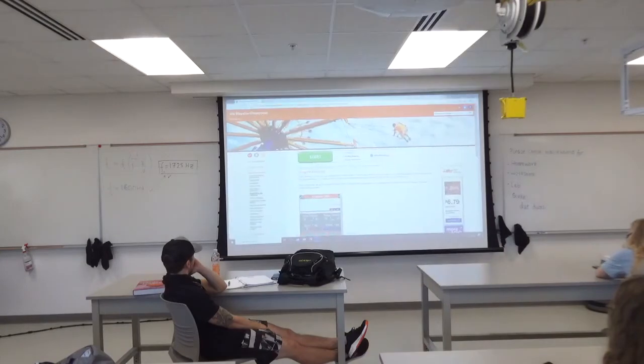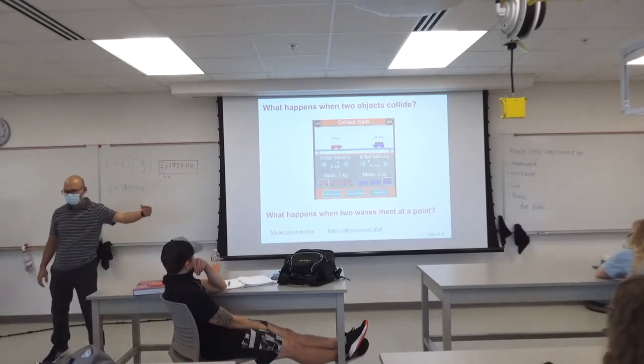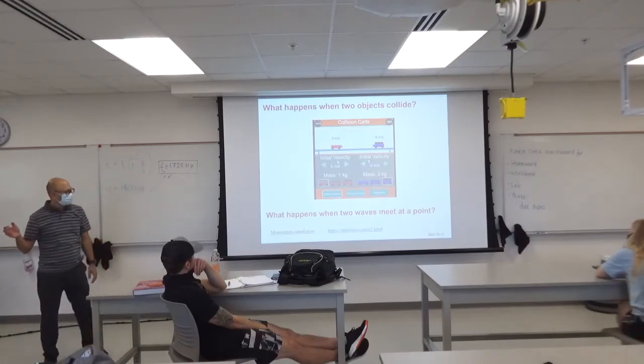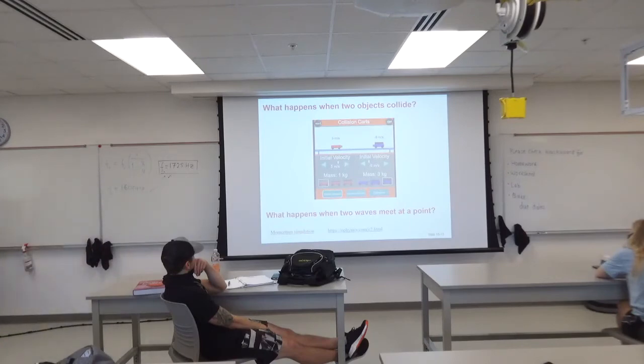So, in the same way, what happens when two waves meet? So you have two waves. One is traveling from my left to my right, and the other one is traveling from my right to my left. What happens when they meet at a point? Think of the consequence.